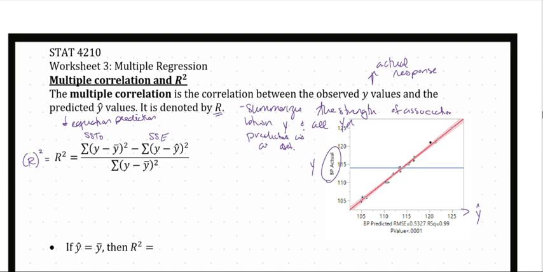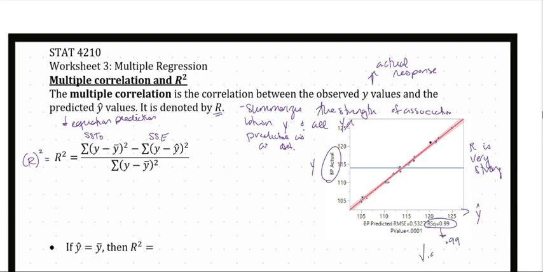The strength of association between these observed and Y hat values is the multiple correlation. And we see here that there is a very strong positive linear association between the observed Y values and the Y hats. So the multiple correlation is very strong. And that makes sense. If we look at the R squared here, the R squared is 0.99.